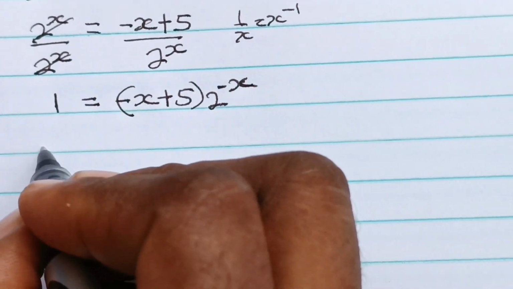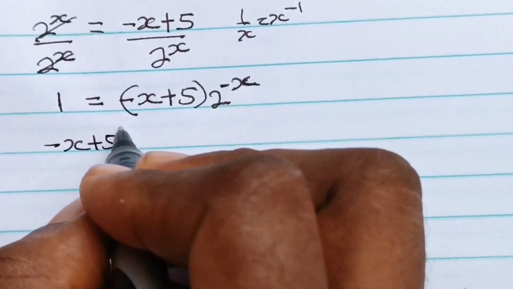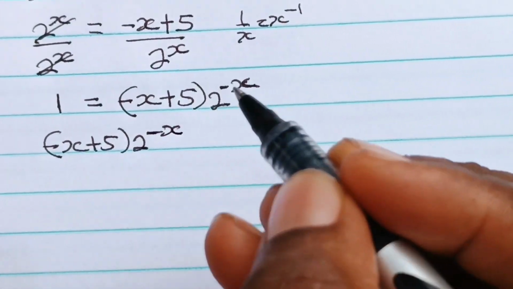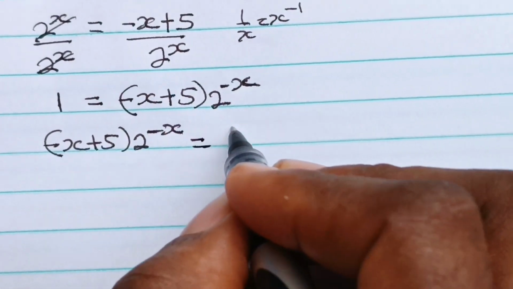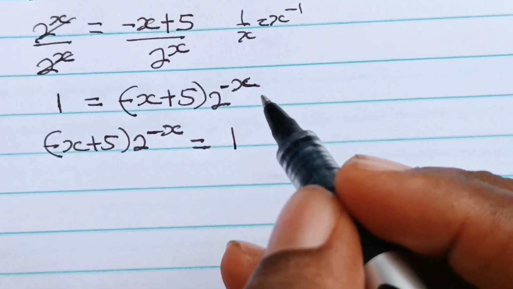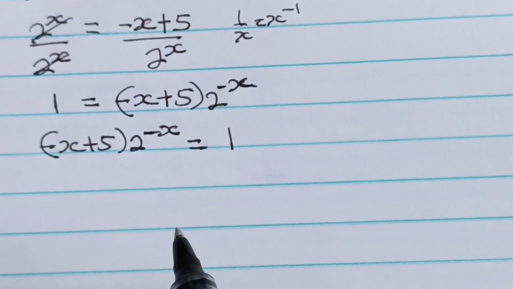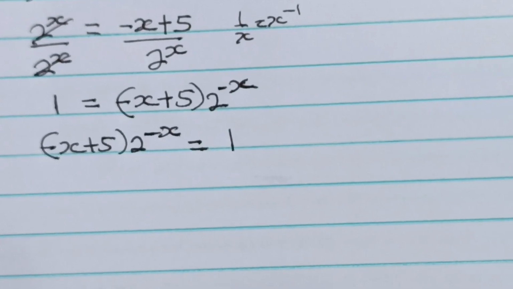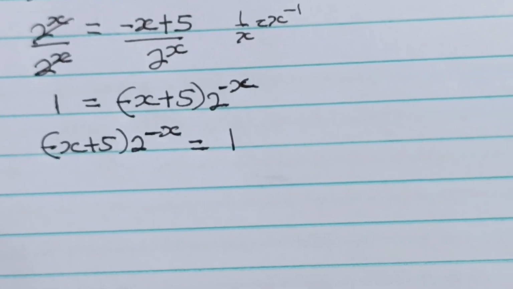So I'm going to write now that (minus x plus 5) raised to the power of 2 to the power of minus x is equal to 1.